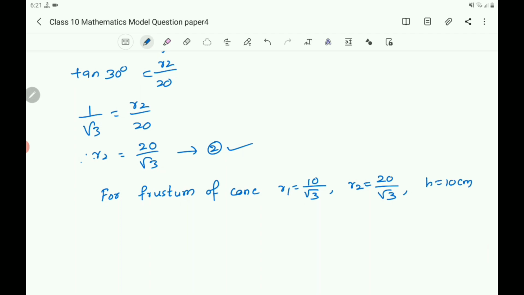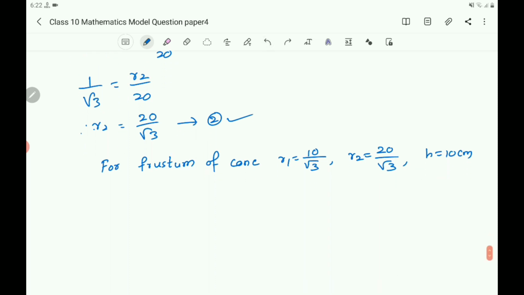The total height of the cone is 20 centimeter, and in the middle it is cut into two pieces, so the height of the frustum of cone is 10 centimeter.